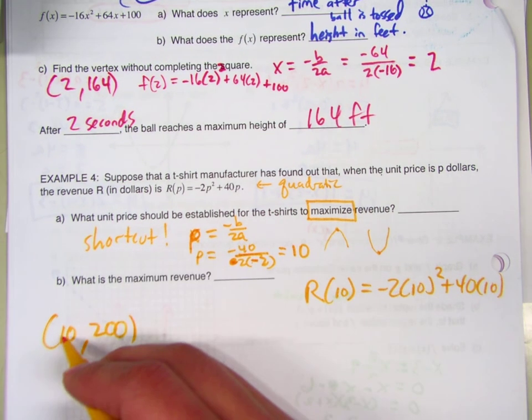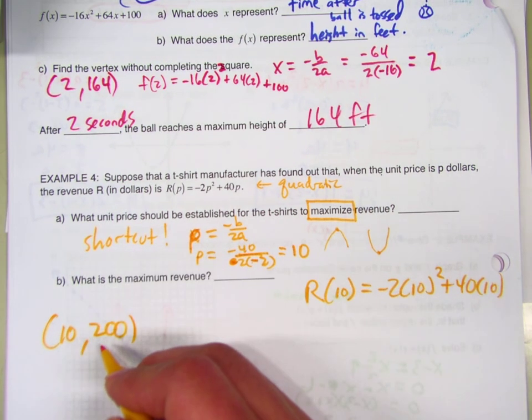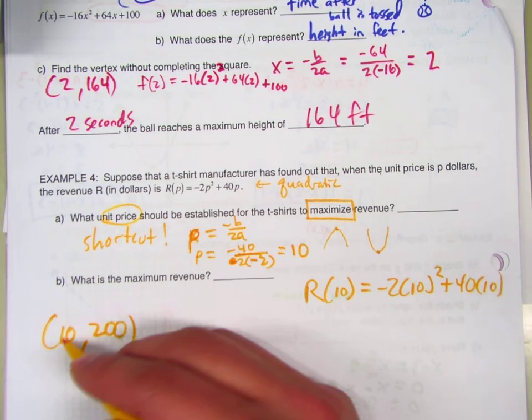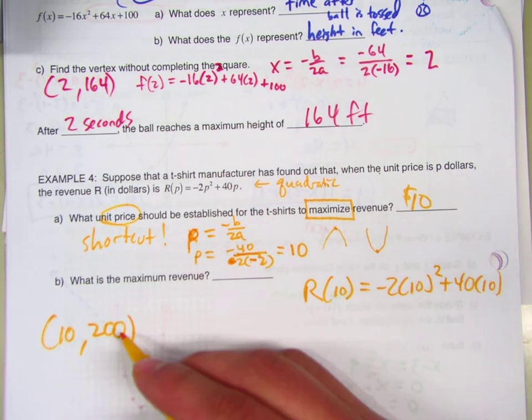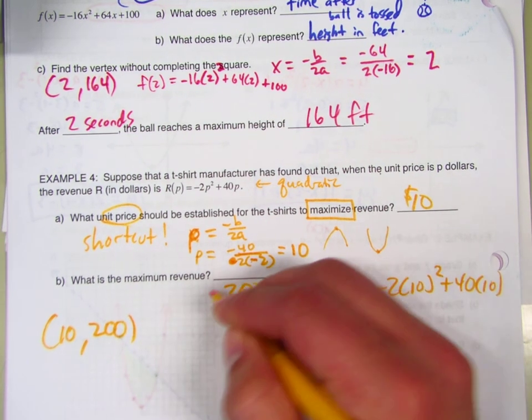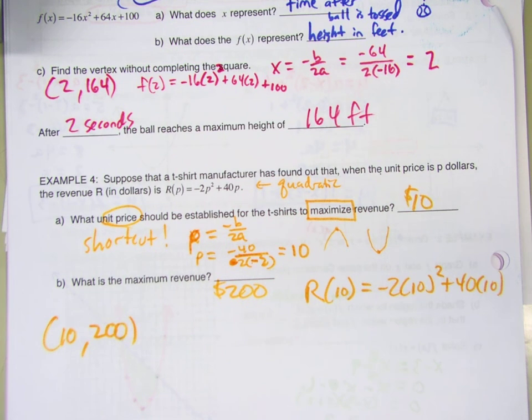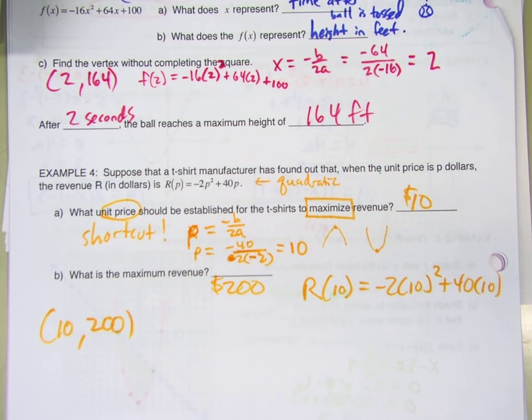So your vertex is at 10, 200. The unit price is the first coordinate, so that's $10 that they should charge. And the maximum revenue is going to be $200 for this situation. Okay. Any questions?